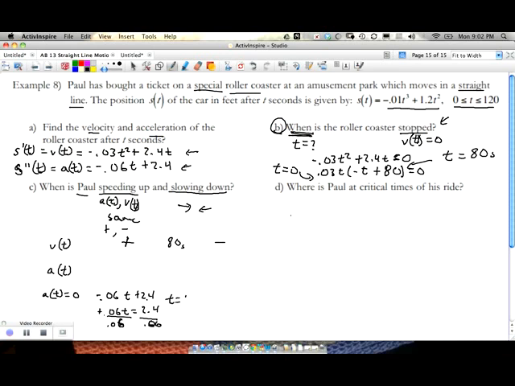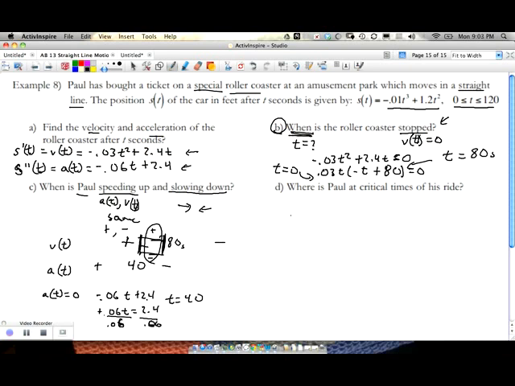So t equals 40. So a of t at 40 is positive before that, but negative after that. So there's this time in between, between 40 and 80, when we're positive and negative mixed.